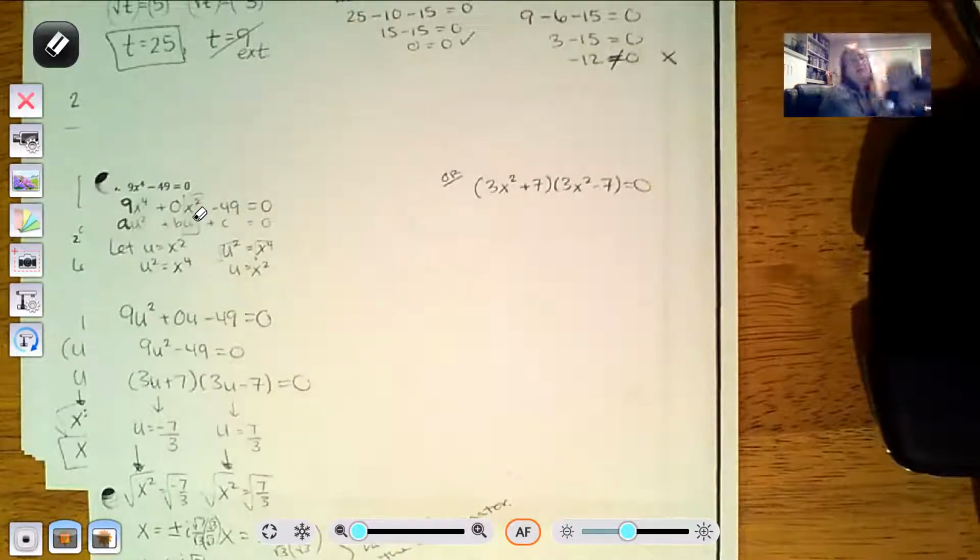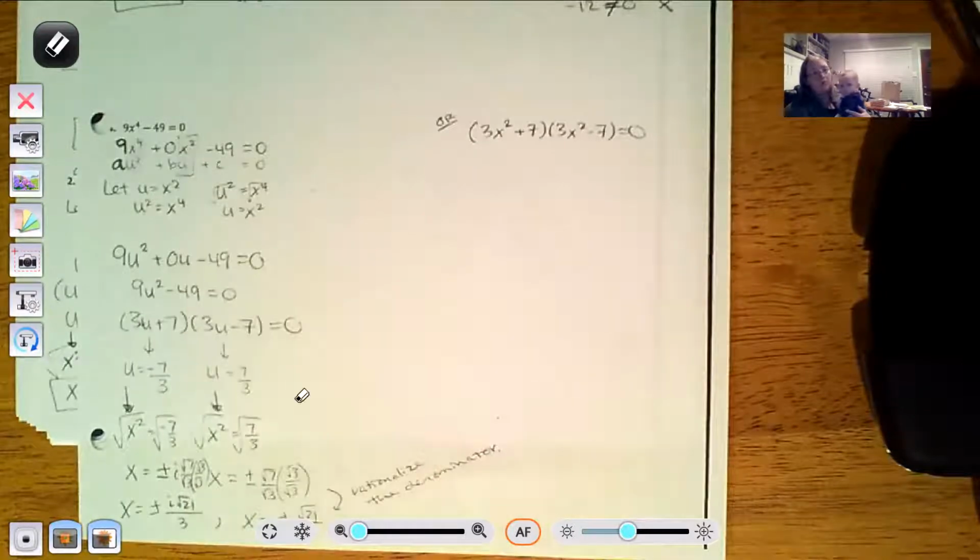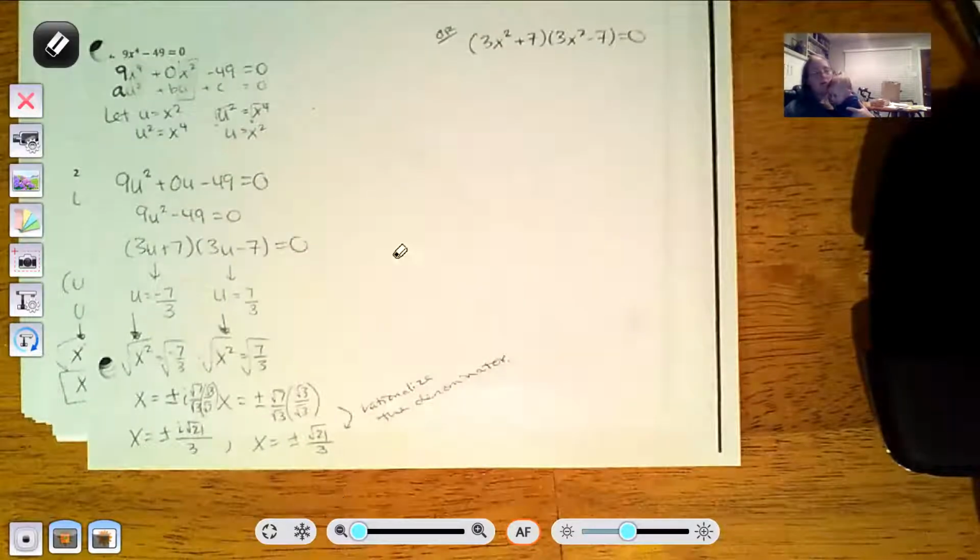The point I wanted to make on this is that if you do the difference of squares, these are your 2 solutions. To get rid of the square, you square root. You might need to rationalize your denominators. If you end up with a square root in the denominator, you can multiply by the conjugate, or just multiply it by itself if it's a monomial.